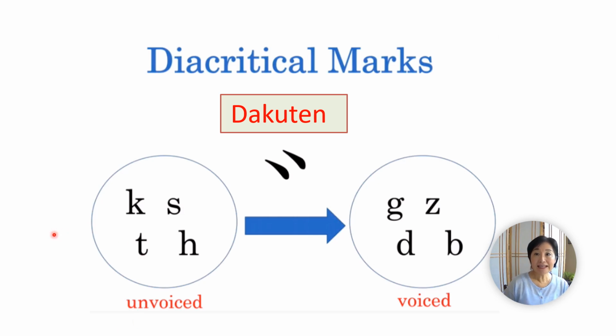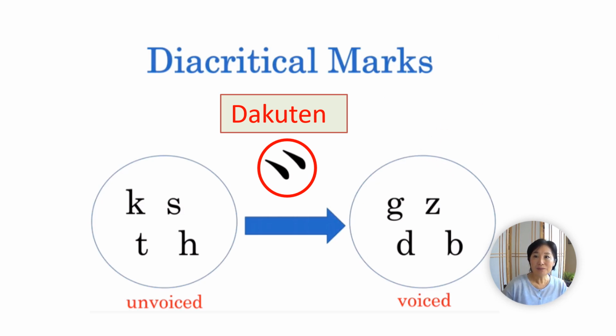Dakuten is one of the diacritical marks which make an unvoiced sound into a voiced sound. It looks like this. It consists of a pair of short diagonal strokes, similar to an ending quotation mark in English, and it is placed at the upper right corner of the character.